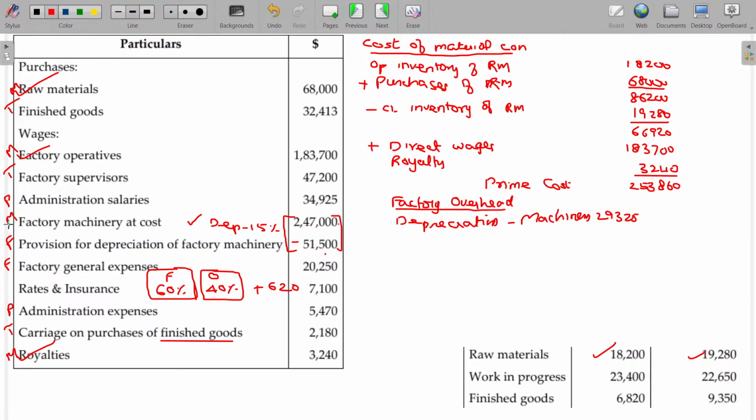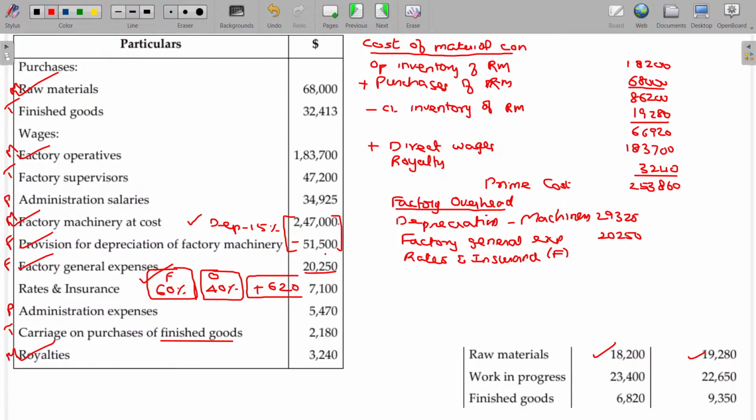And again, we have factory here, manufacturing. Okay, this one is okay. This one is also okay. Factory general expenses being 20,250. In rates and insurance, only to the extent of factory will be taken here. Rates and insurance related to the factory.